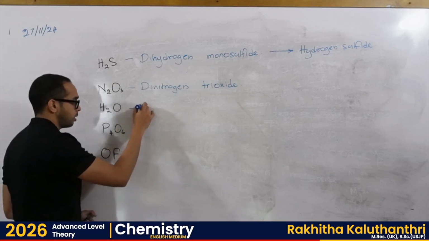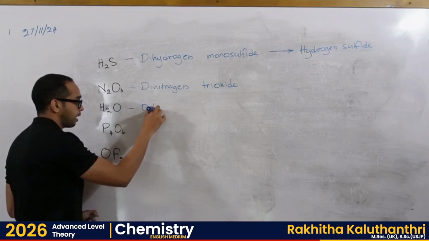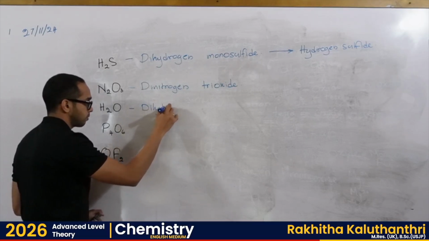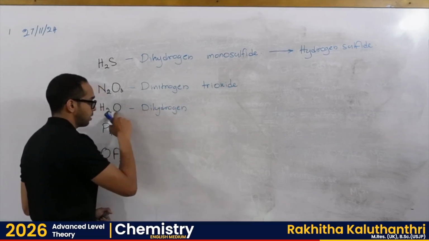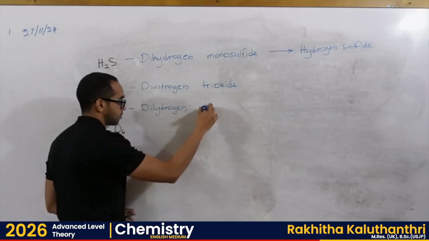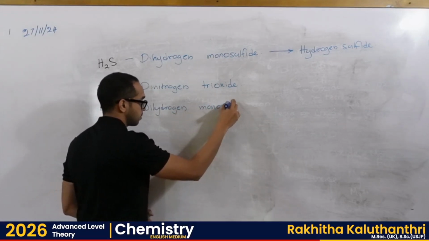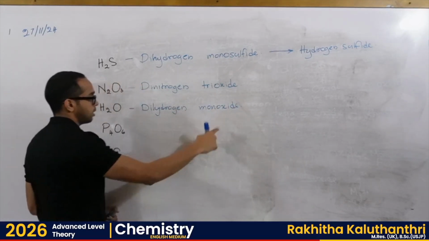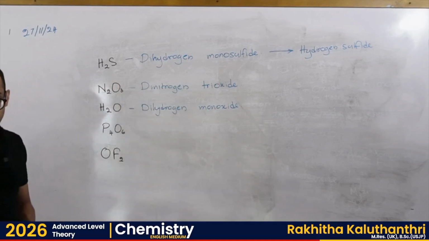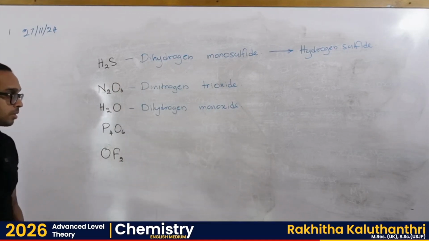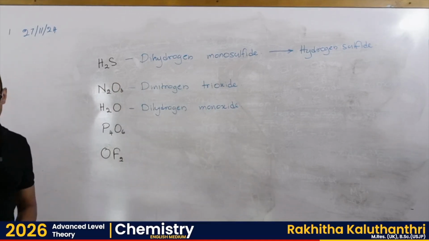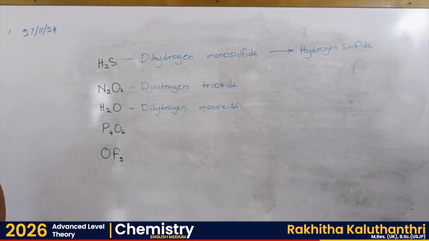The correct name would be dihydrogen monoxide. Do you see the O at the end of the prefix was cancelled off? Whenever you write monoxide, we have to cancel it off.